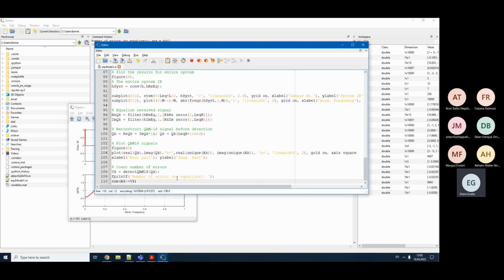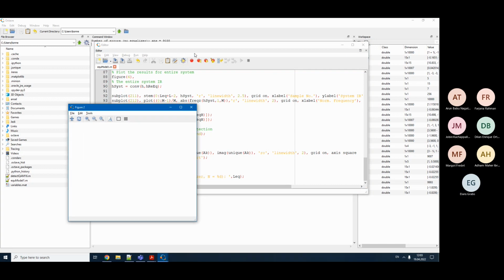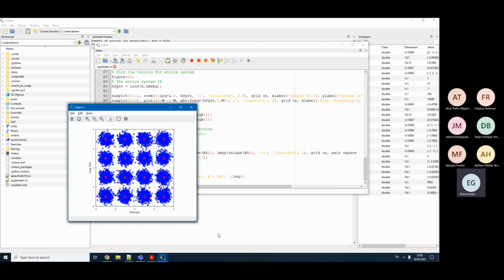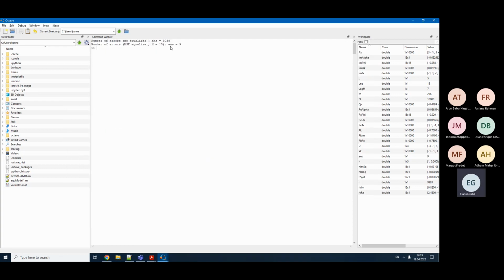The only thing is that here I use the MSE equalizer. So let's see how many errors there will be now. After equalizing, we have only 9 errors left, out of 10,000 symbols.